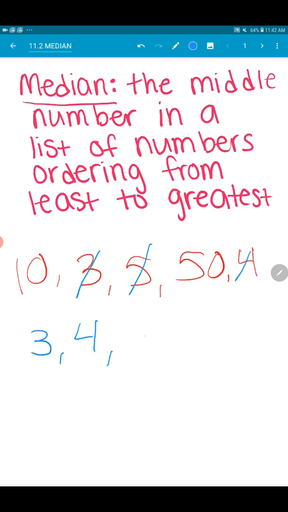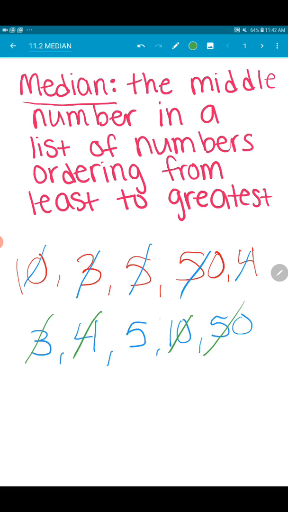Next one is 5, cross it off. 10, and then 50. So I used all my numbers that are from least to greatest. So now all I have to do is work inwards, find the middle number. So cross off as I go. So 3, then 50, then 4, then 10. Now I'm left with only one number in the middle. So my median is 5.